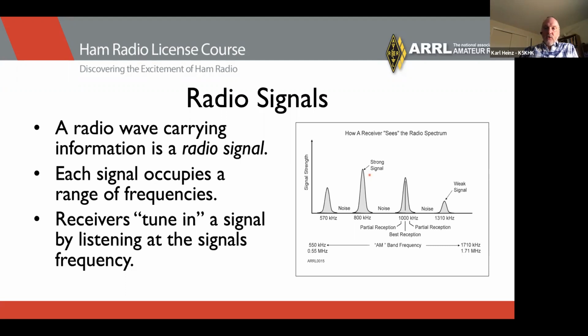We'll talk a little bit more about how to define the amateur radio band in a couple of slides down the road. What we'll do now is take a closer look at what radio signals actually are. When we look at a radio wave that is just turned on, it's not doing anything.